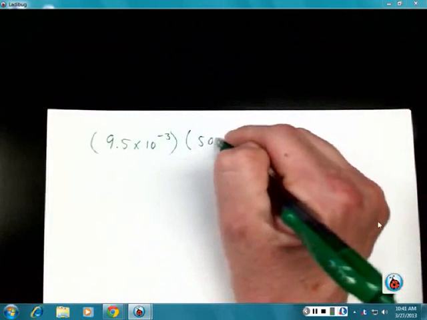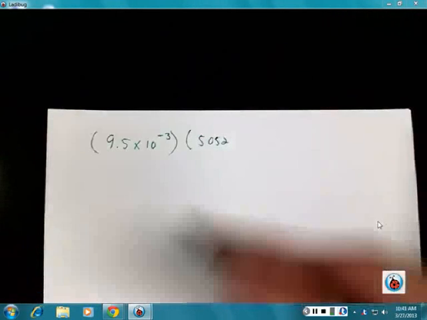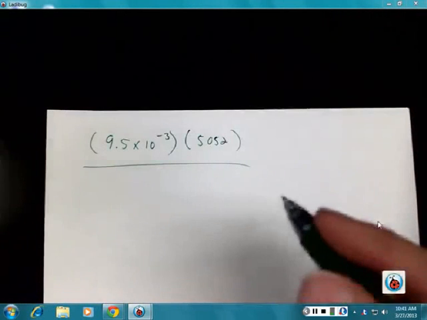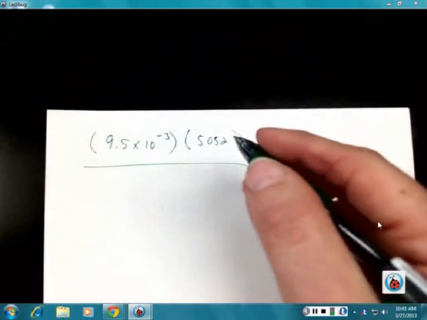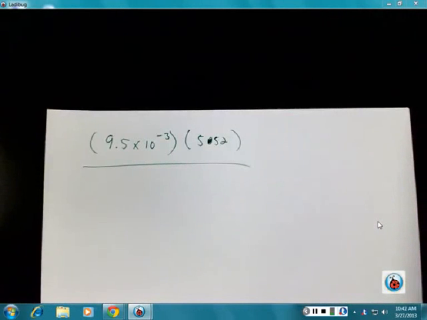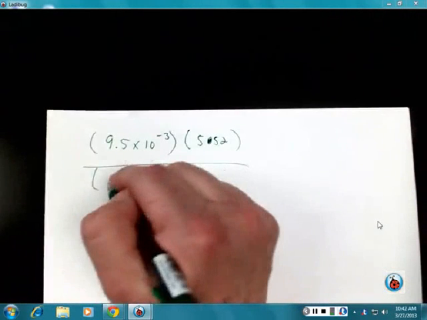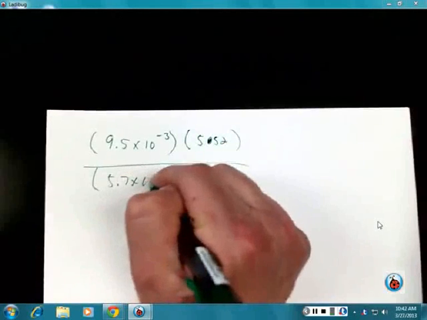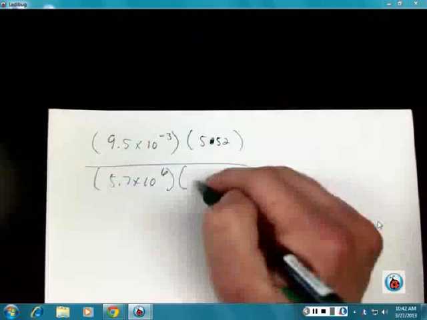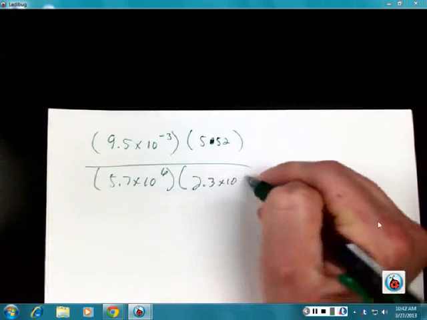No zero. Okay, 552. Over parentheses 5.7 times 10 to the 6, times another thing in parentheses, 2.3 times 10 to the 4.